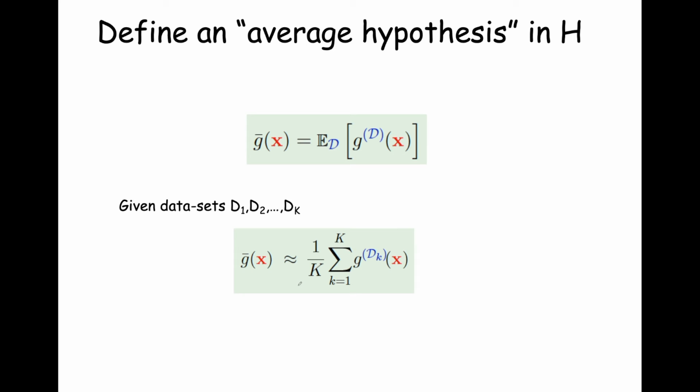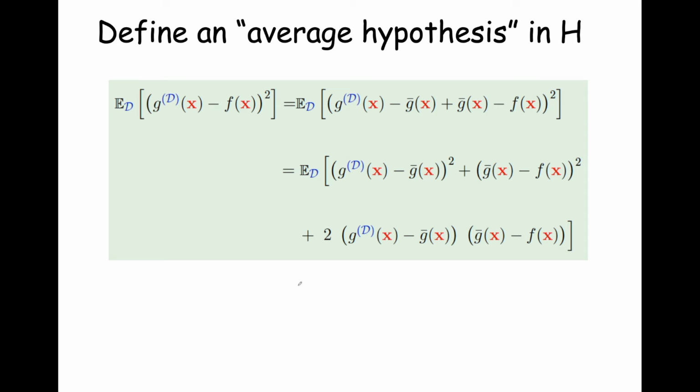And so this average G bar is going to be our average hypothesis. And thinking about it, it's the best hypothesis that we can have in general. It's the average among all the possible data sets that the final best hypothesis will output, given some input X.